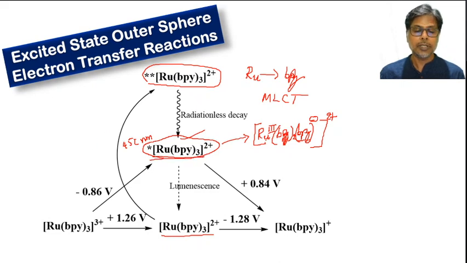And now let us compare the redox properties of this excited state with the ground state complex, that is this complex. Now first let's look at the reducing properties. Reducing means the complex is reducing something else. That means that complex is giving away an electron to something else.